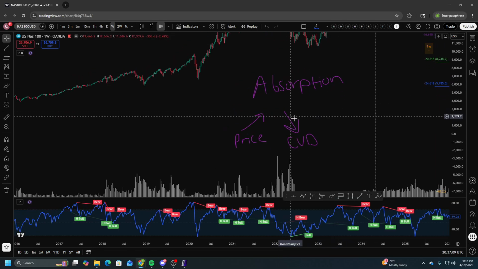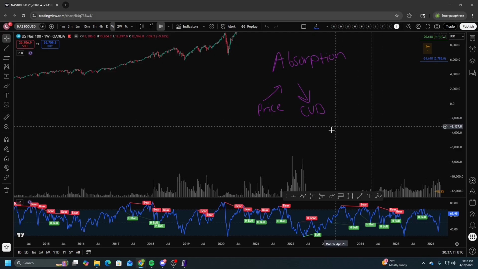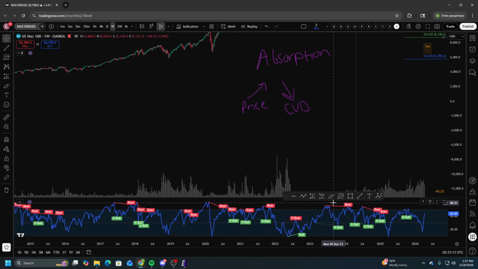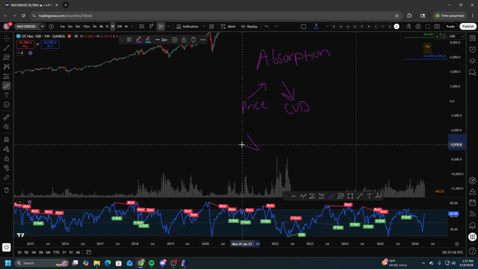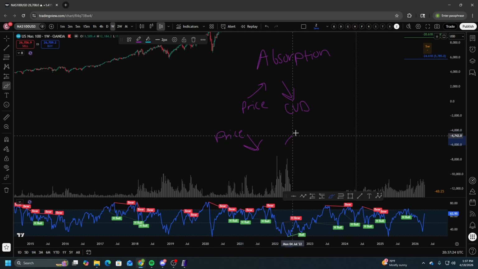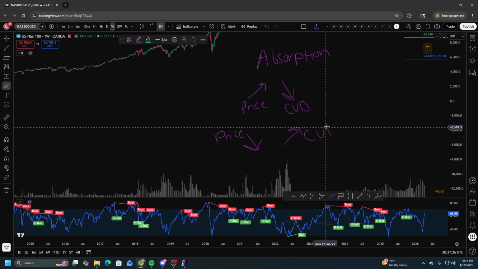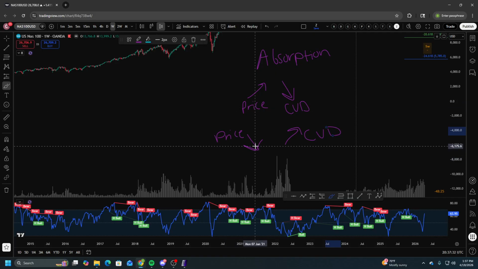Okay, and likewise, it's the exact same if you're looking at it on the other direction. Okay, so you have price going down, and you have CVD going up. This is also absorption, but in the other direction, okay?